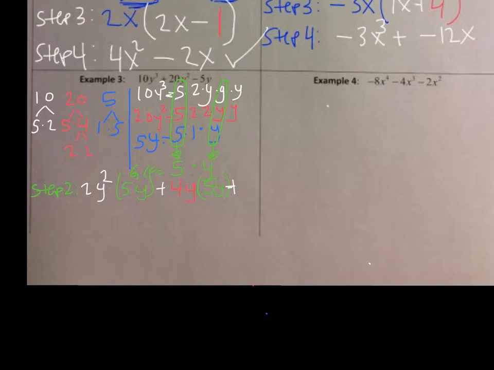Our last term was 5y. Oops, I made a mistake. I also made a mistake down here. I can't erase that, but that should be a minus sign right here. So minus, and all we had left on the 5y is a 1. So 1 times 5y.